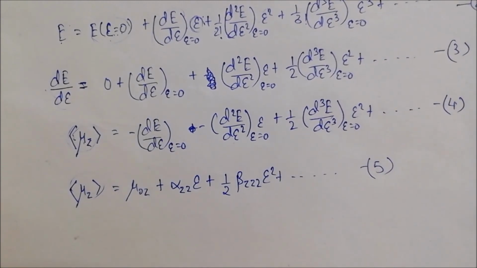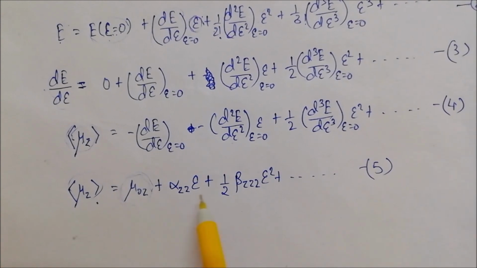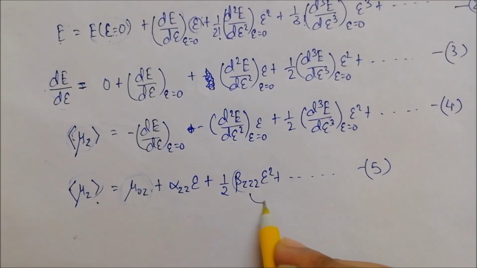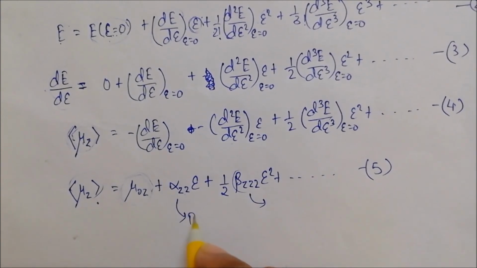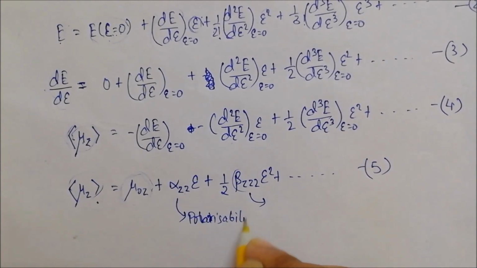So what I mean by this is that the dipole moment of the molecule in presence of an electric field will be just the dipole moment present already in the molecule plus the induced dipole moment when it encounters an electric field plus higher order dipole moments. So these kinds of terms are called polarizability.